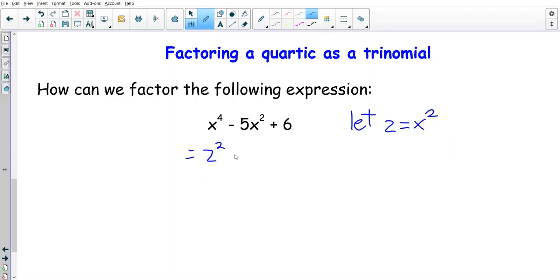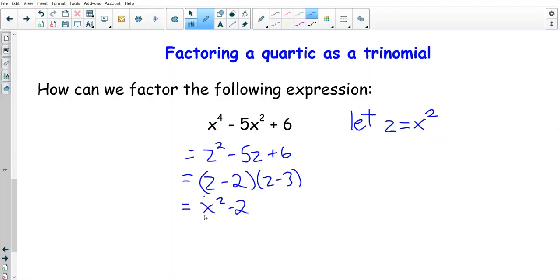So I get z squared minus 5z plus 6. I can factor that, so I'm going to get z minus 2 and z minus 3. Now I can substitute back in for z, so that gives me x squared minus 2 and x squared minus 3. So those are the factors.